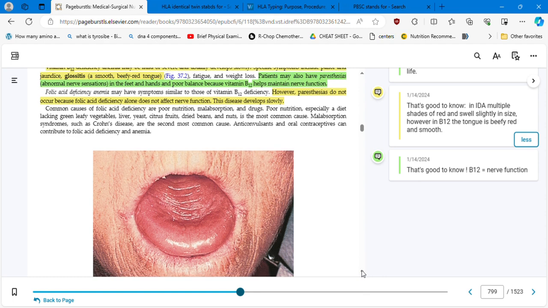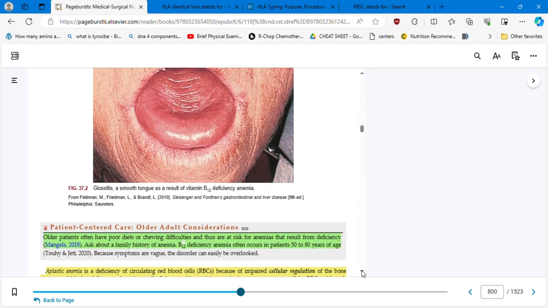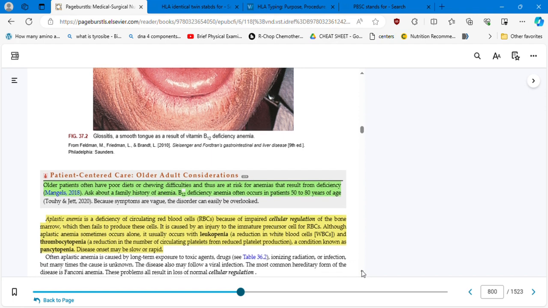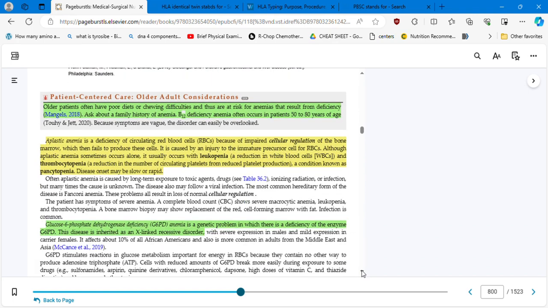So we clarified that. Here you can see the glossitis, a smooth tongue as a result of B12 deficiency anemia. Other patients often have poor diets or chewing difficulties, and thus are at risk for anemias that result from deficiency. Ask about family history. B12 deficiency anemia often occurs in patients 50 to 80 years of age.